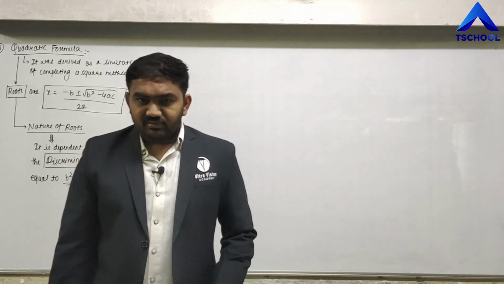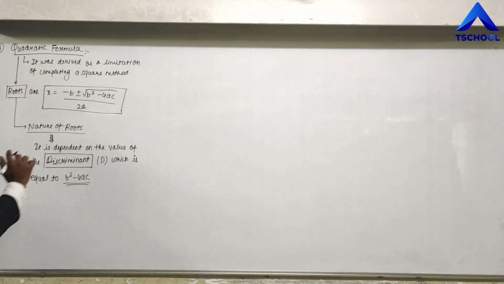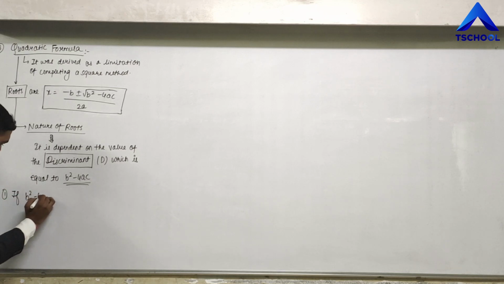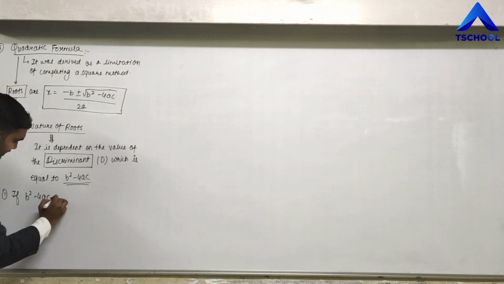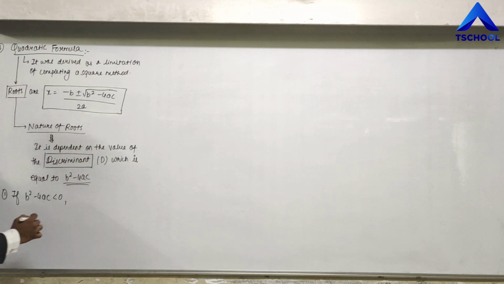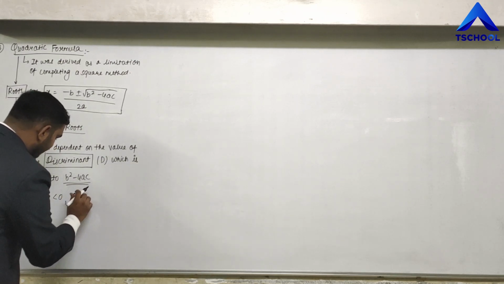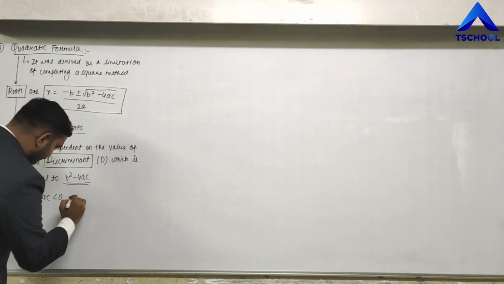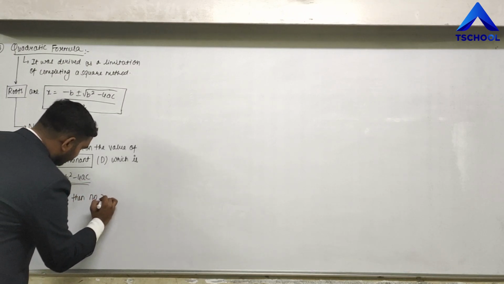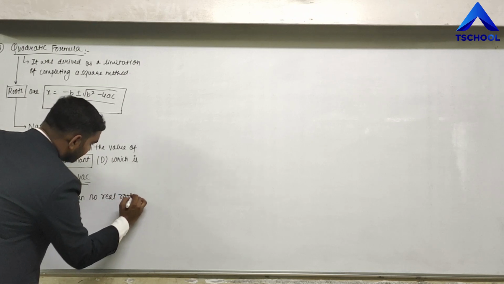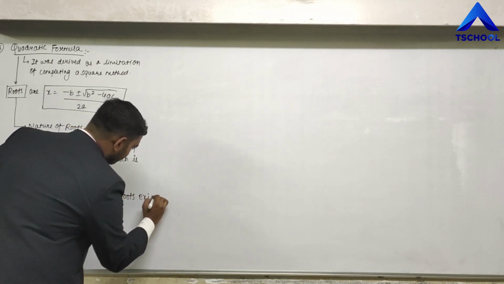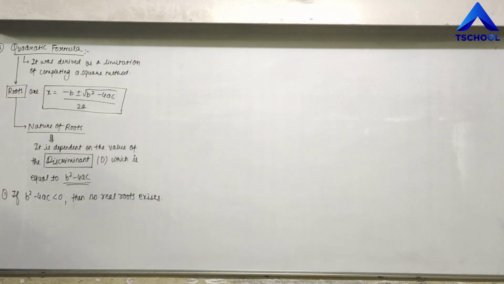That means the first one, if b square minus 4ac is less than 0, that means a negative number, then no real roots exist, right? No real roots will exist. If b square minus 4ac is less than 0, then no real roots exist.